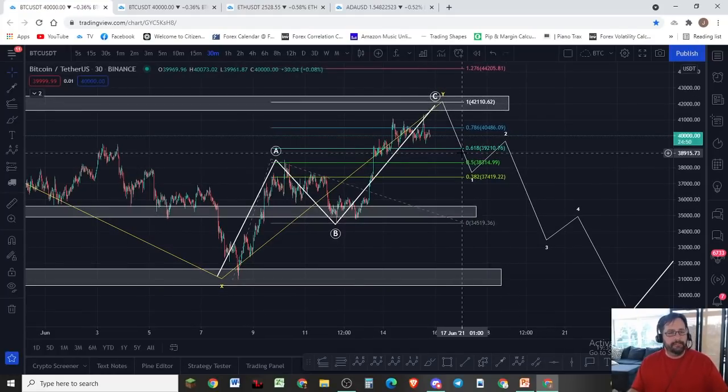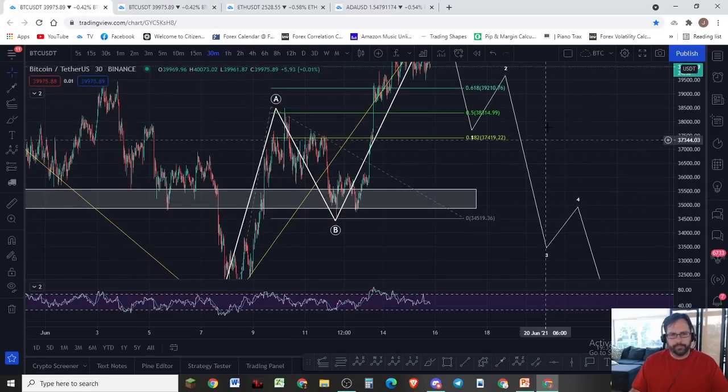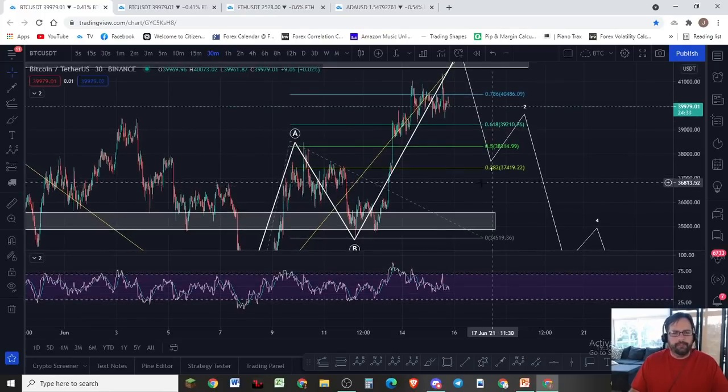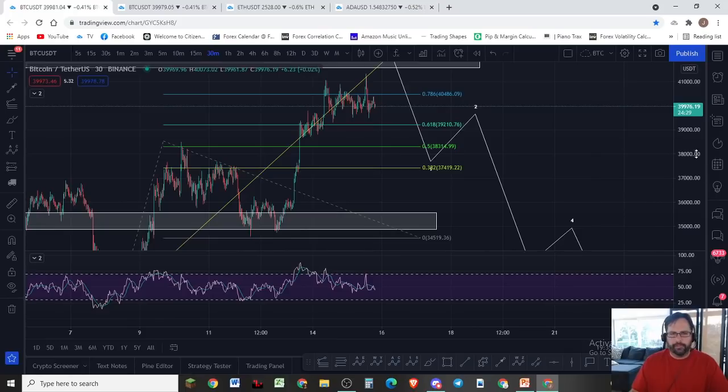We would expect to see 5 completed waves with divergence between the 3rd and the 5th wave, generally speaking. So if I put the RSI on here, there we go. Get the RSI showing. So the question is, do we have 5 waves, number 1 and number 2, and do I have divergence between the 3rd and the 5th?